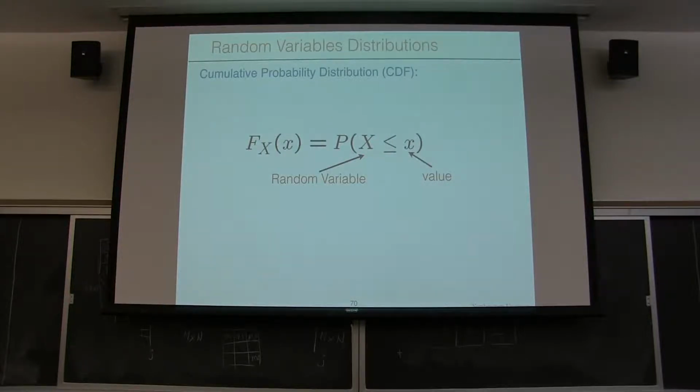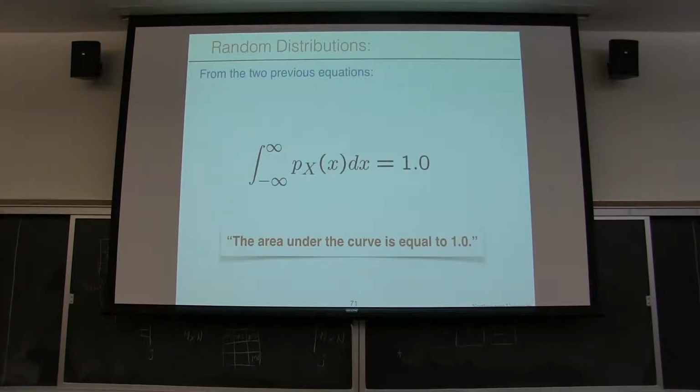The density function is the derivative of this function. So this is the cumulative one, and this is the density function, which we abbreviate as PDF, probability density function.